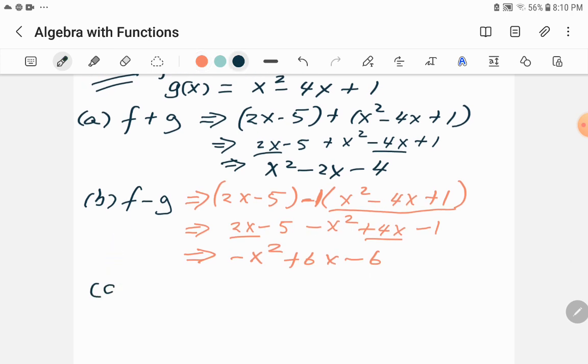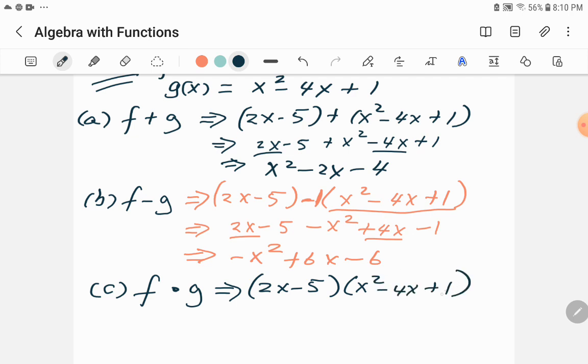Part c was a multiplication of the two functions, f times g, so that gives us 2x minus 5 times x squared minus 4x plus 1. So again, we could use the distributive property here to multiply this binomial times the trinomial. So 2x times x squared minus 4x plus 1, and minus 5 times x squared minus 4x plus 1.